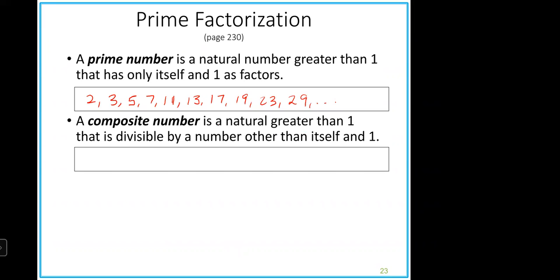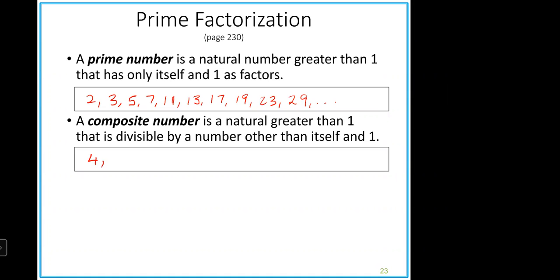So therefore, we have this other term, composite. A composite number is a natural number greater than 1 that is divisible by a number other than 1 and itself. So what's the first composite number? 4. Okay.